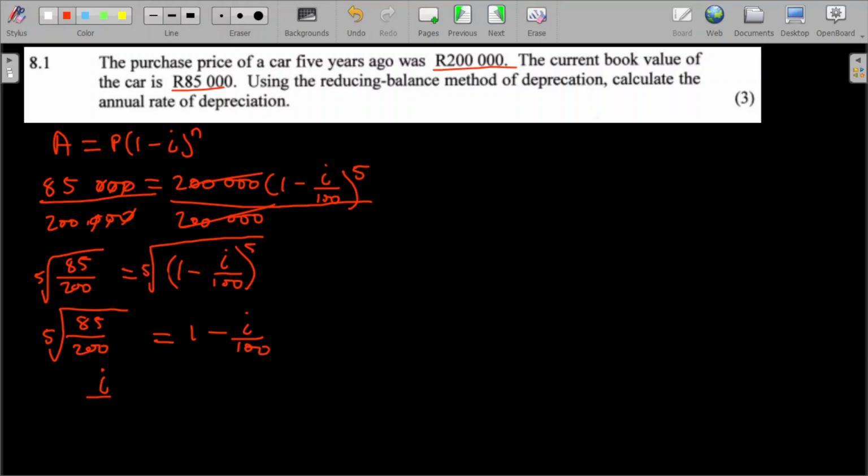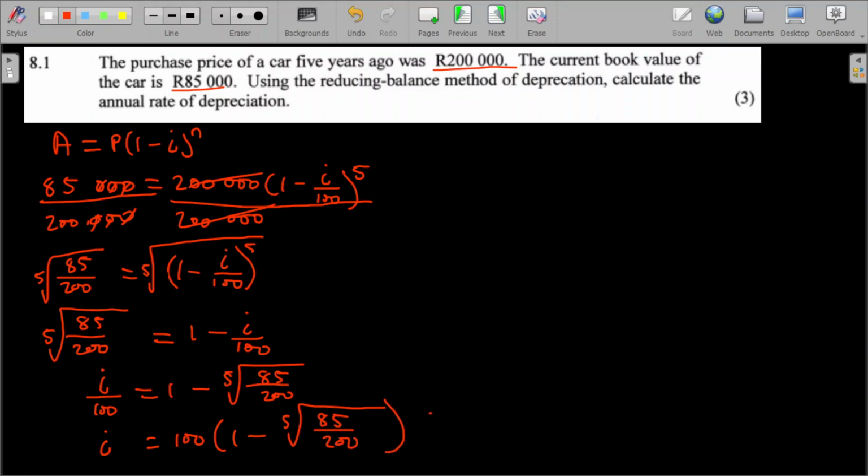So it's going to be I all over 100 is equals to 1 minus this 5th root of 85 all over 200. And then from here, my I cross multiply is going to be 100 times 1 minus the 5th root of 85 all over 200. Now let's see what is my I here.